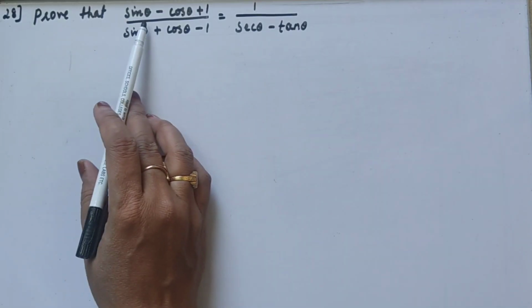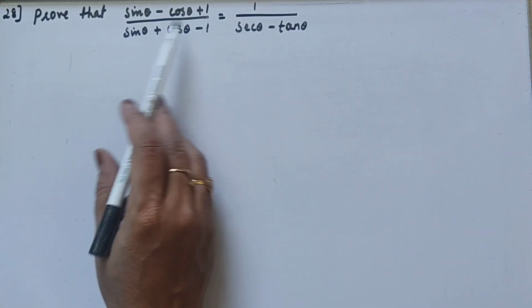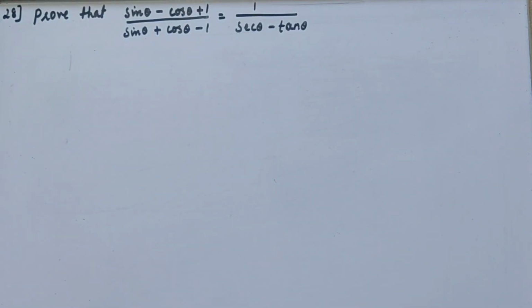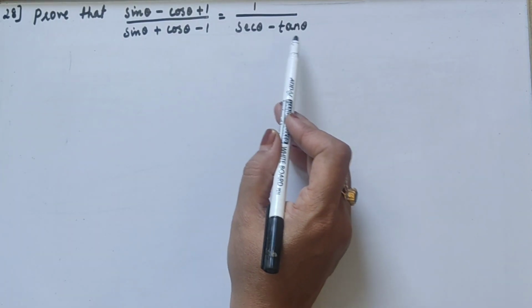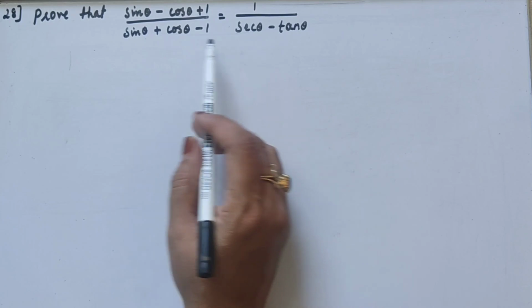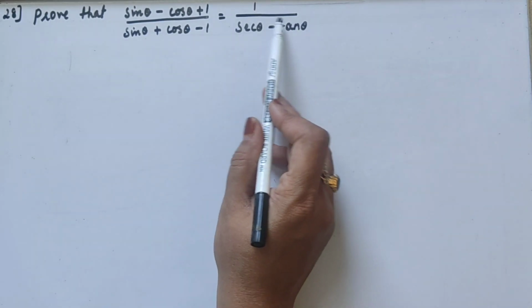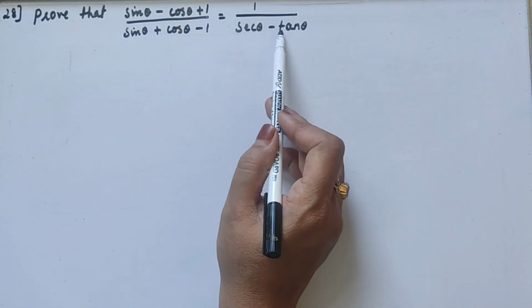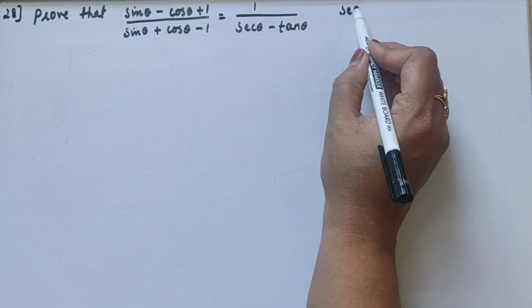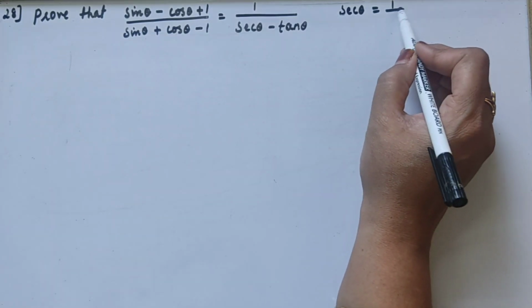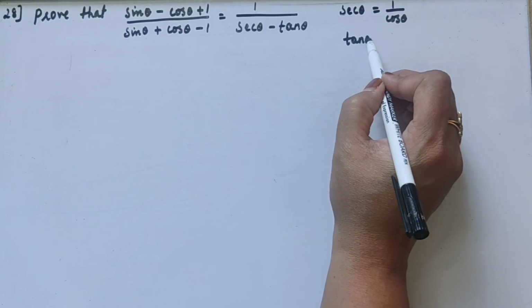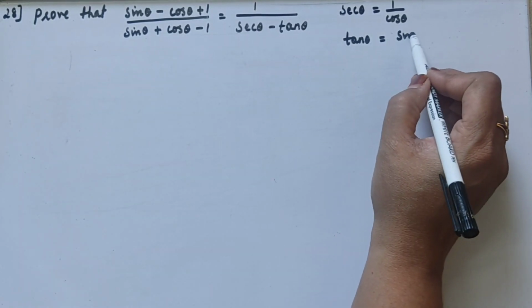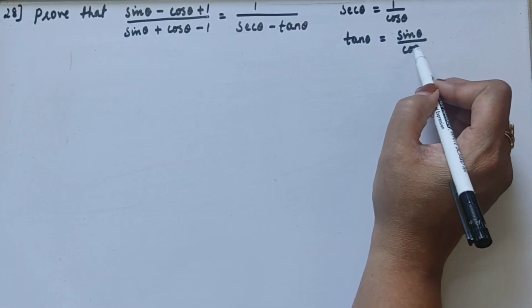We need to prove sin theta minus cos theta plus 1 divided by sin theta plus cos theta minus 1 equals 1 upon secant theta minus tan theta. So as you can see, the RHS has secant theta and tan theta. Secant theta is nothing but the reciprocal of cos. Tan theta is sin theta by cos theta.